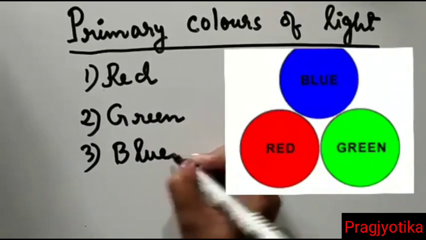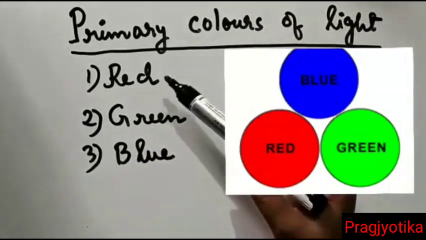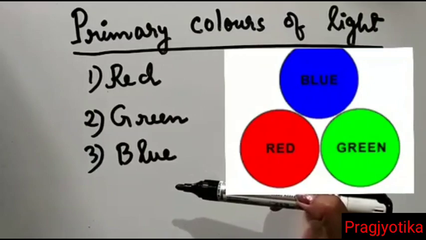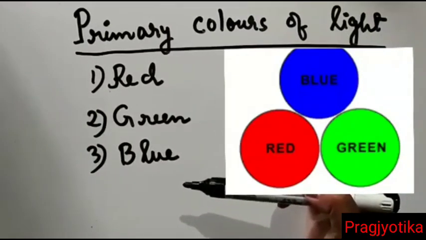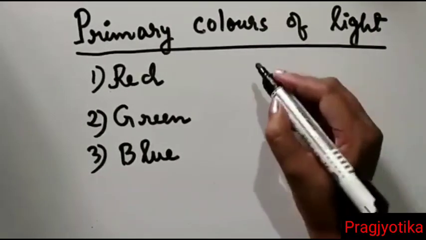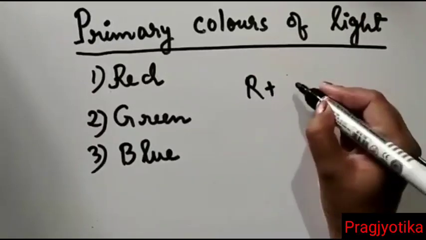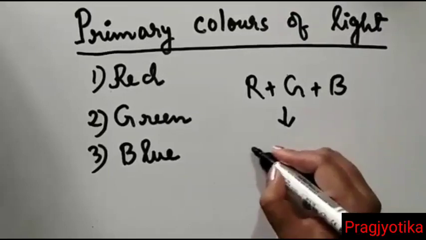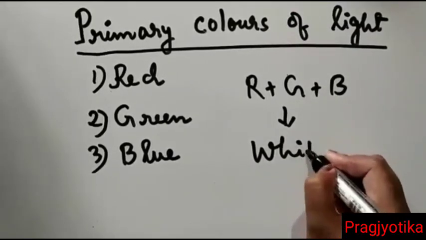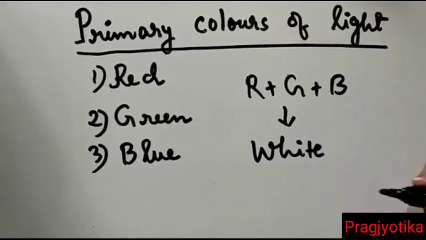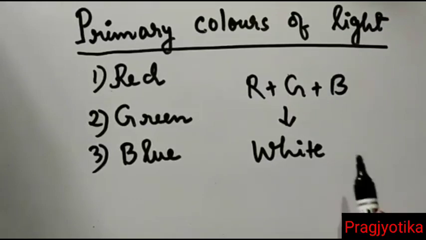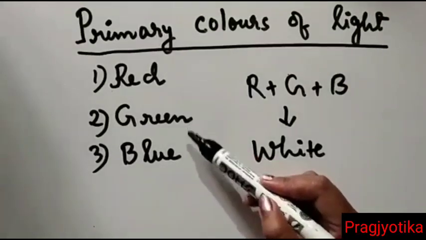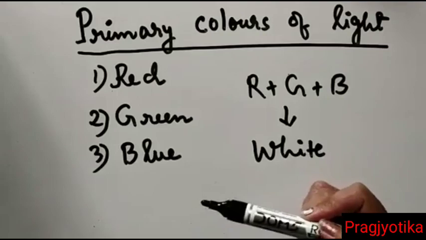Always remember that when we add red plus green plus blue light, we will get white light. So what are the three primary colors? Red, green and blue.